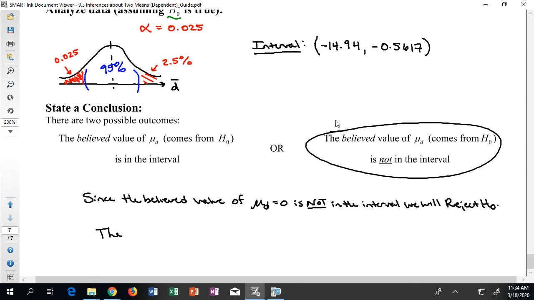But then we can write our second sentence, which says, therefore, we have enough evidence to believe that, let's see, what did H1 say? Well, it said that the average difference is greater than 0.